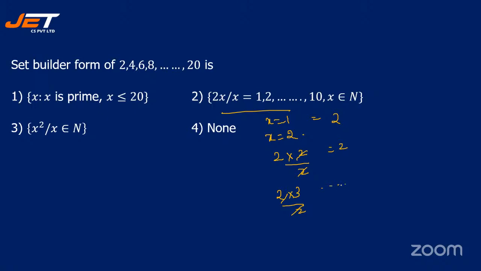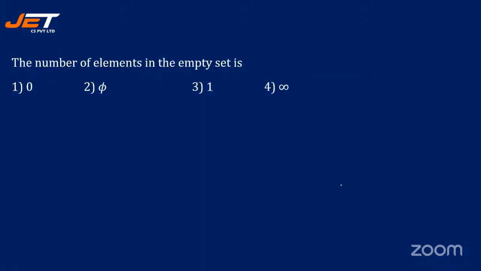Therefore, your option 2 must be the correct one, where it is 2 into x by x. You have to take 1, 2 and so on till 10, where x is an element of N. So it should be the element of N. All right, see the next question.